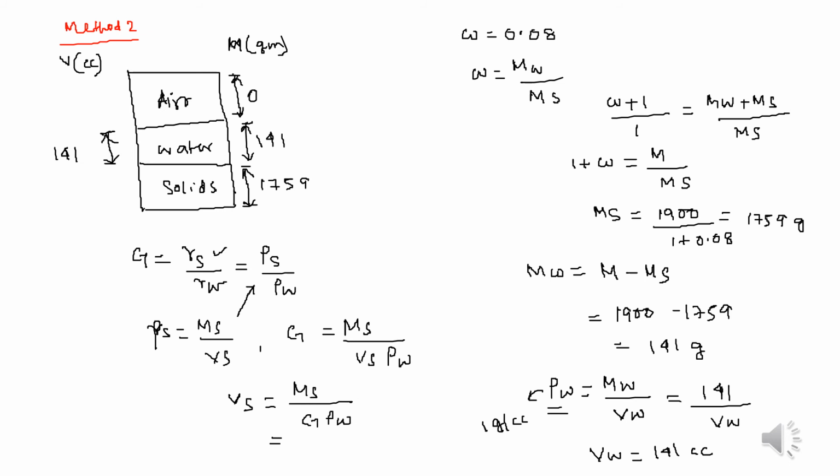So 1759 divided by the specific gravity we know 2.69, and rho W is 1 gram per cc. So let me calculate. So it is coming as 653.9 cc, it's my volume of the solids. So we can write it here, 653.9, it's my volume of the solids.